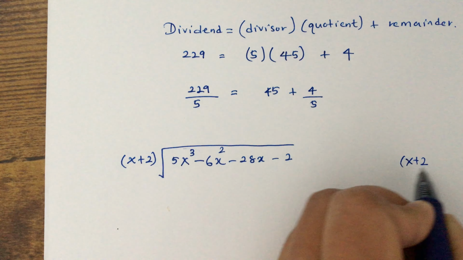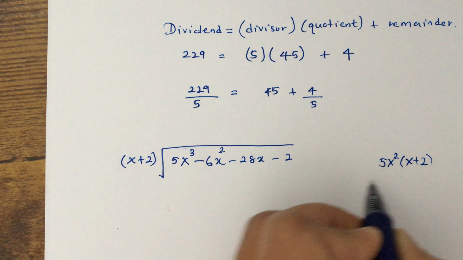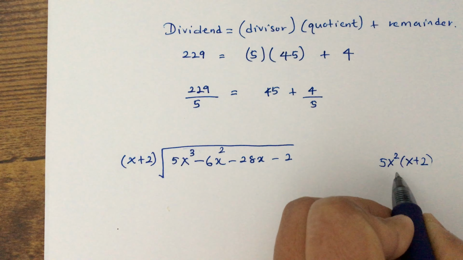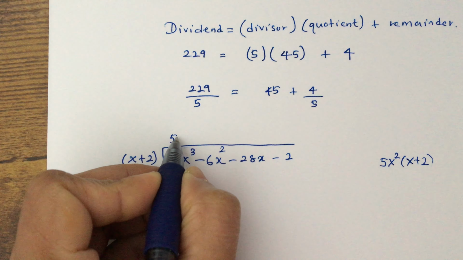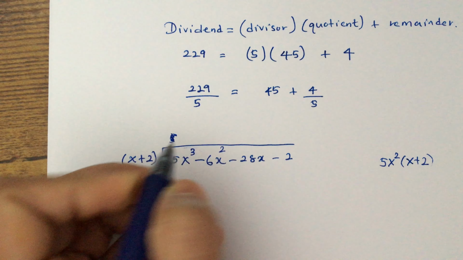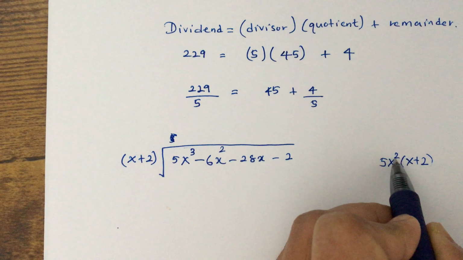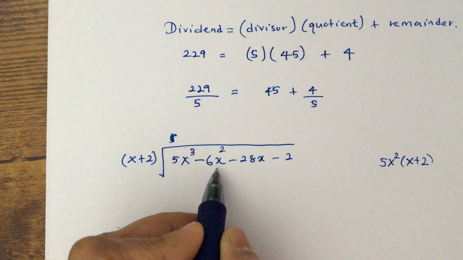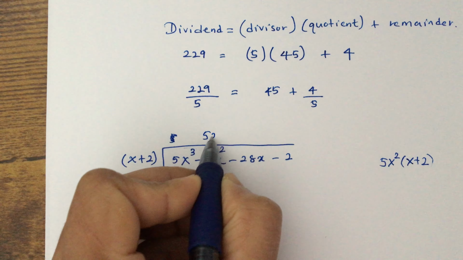That means we have to multiply this one by 5x squared to get 5x cubed, right? So we have to write it over here because now it is 5 times x to the power 2, so it's with the quadratic term.